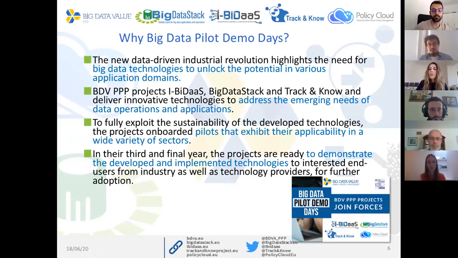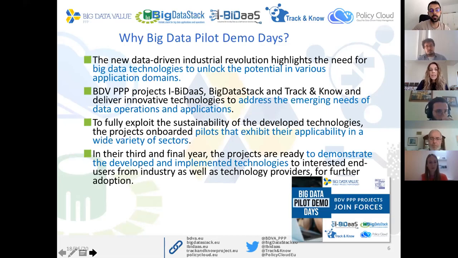The projects onboard pilots to show their applicability in a wide variety of sectors and to fully exploit the sustainability of the developed technologies. All three projects are in the third and final year, and are ready to demonstrate their solutions and their developed technologies to you, to interested end users from industry and technology providers for further adoption.